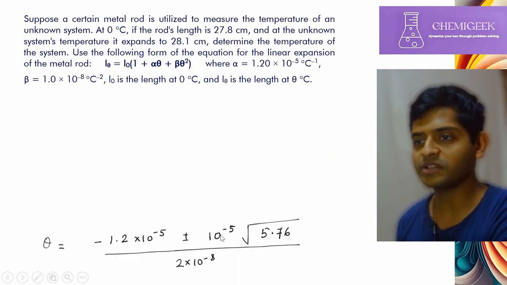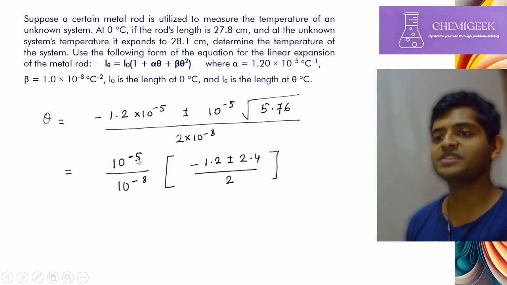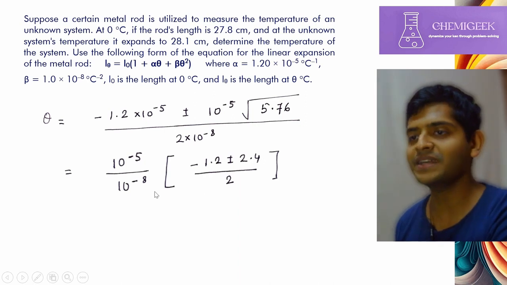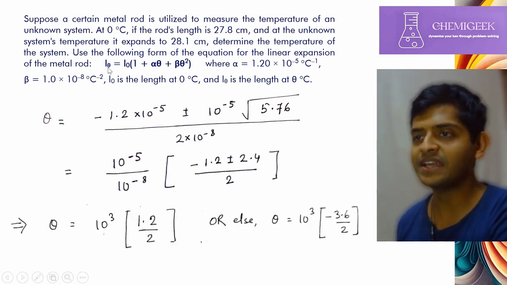So if we take this 10 to the power minus 5 common, we can take 10 to the power minus 8 as common also. 10 to the power minus 5 divided by 10 to the power minus 8 gives us 1 by 10 to the power minus 3, that is nothing but 10 to the power 3. And inside the bracket we can see minus 1.2 plus minus 2.4.